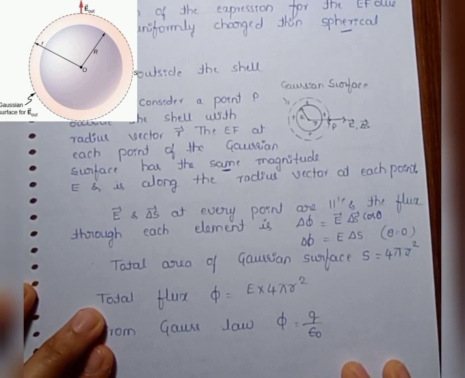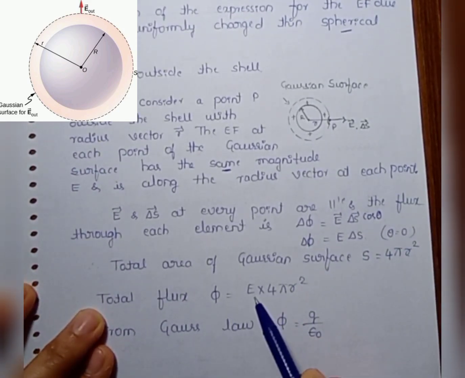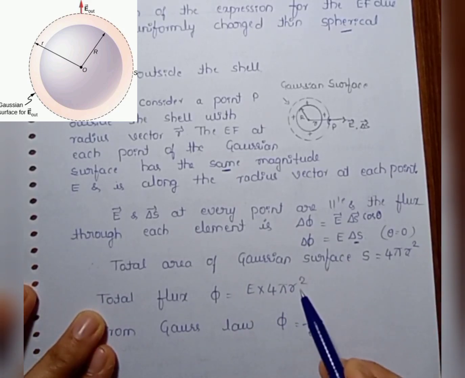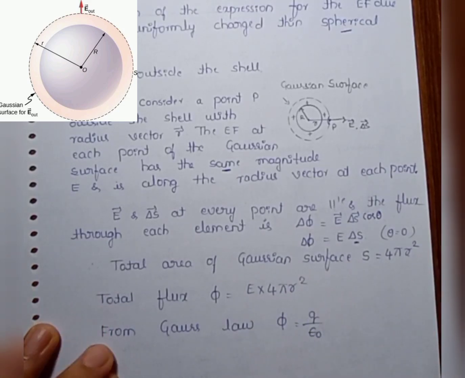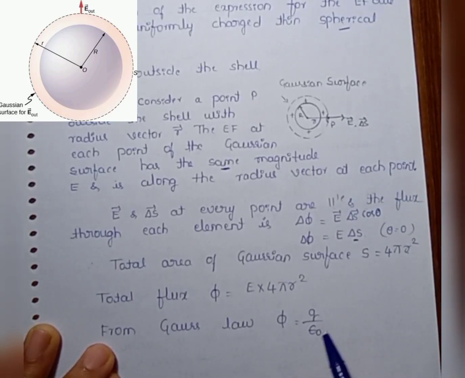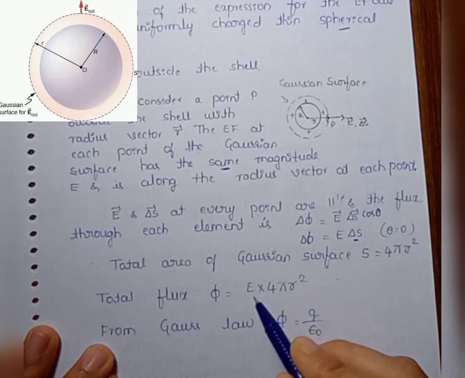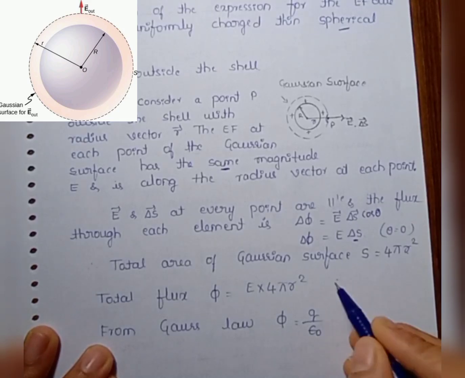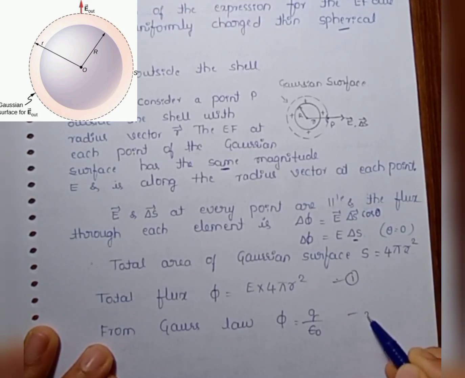Therefore, the total flux can be written as phi is equal to E into delta S, where we substitute 4 pi r square. After that, from Gauss law, we know electric flux is equal to 1 by epsilon naught times the total charge Q. Here, just substitute the value of phi. That is E into 4 pi r square in equation 2.